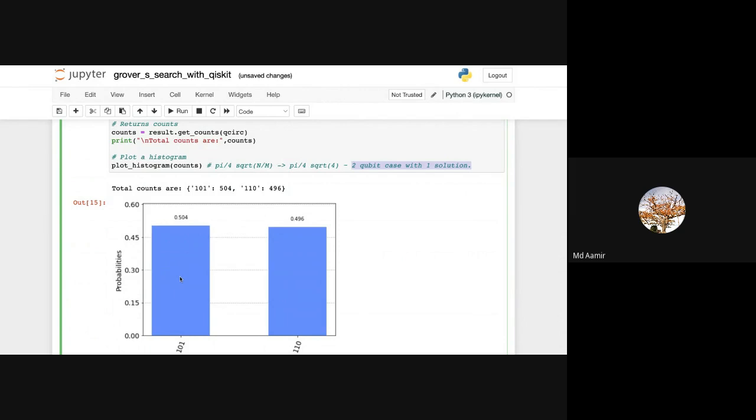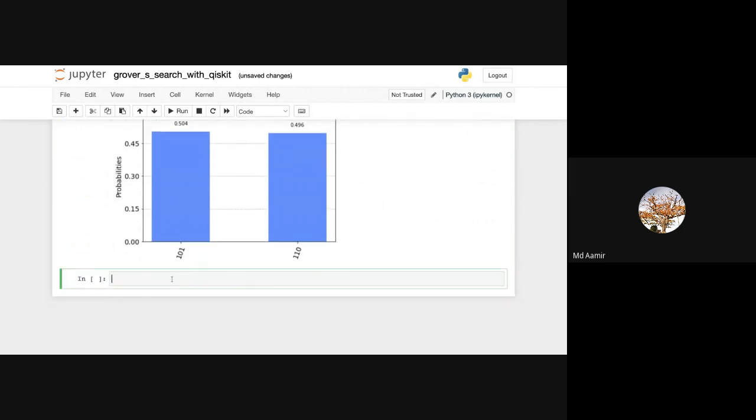If we change to, let's say, 3 solutions, we only need one iteration, but we can get all the 3. But if we reduce the number of solutions to only one, then one of these will be as high as 94.12%. The others will also have some probability associated with them.